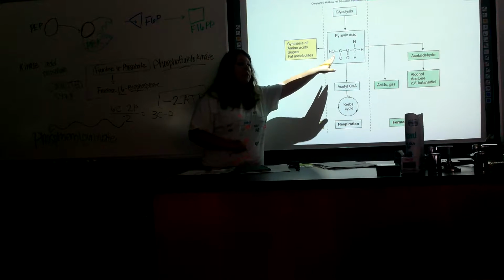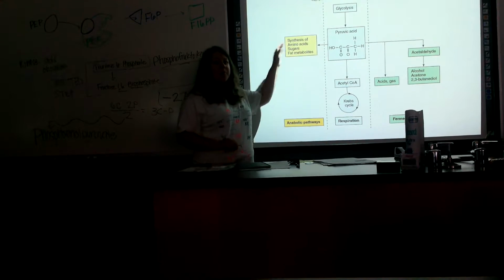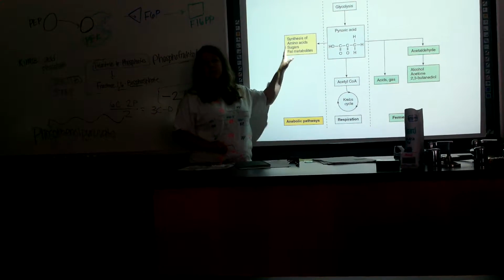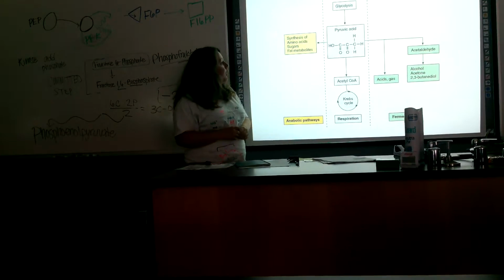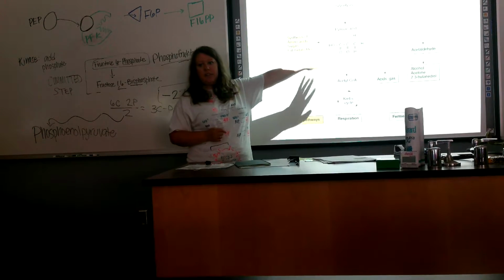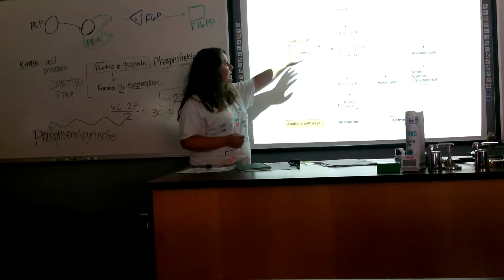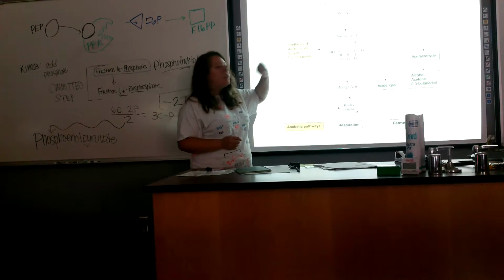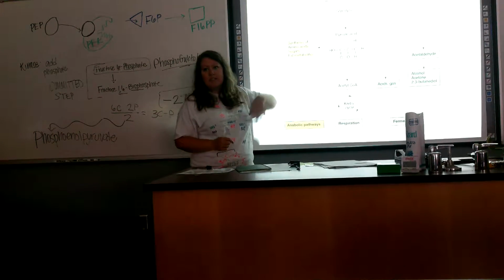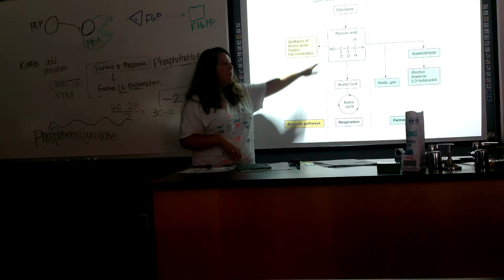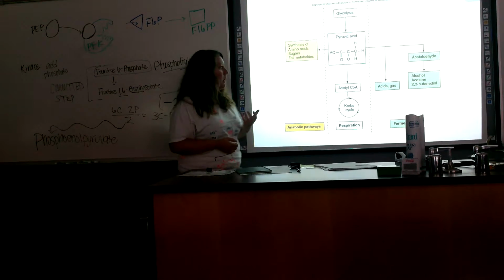But pyruvate can also be used in anabolic or synthesis reactions, as a starter molecule to make amino acids, sugars, fats, etc. Anything we want to build, we can use pyruvate for. So it's a really useful molecule.